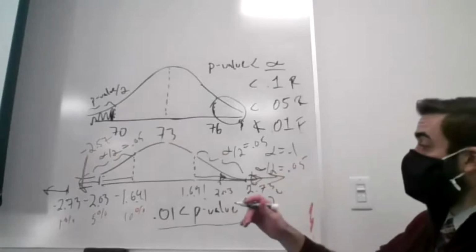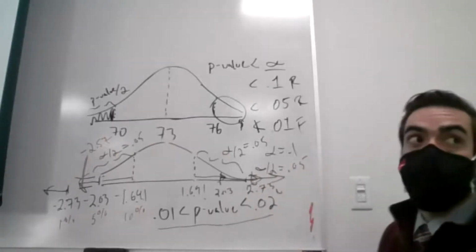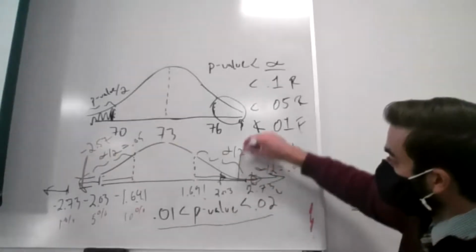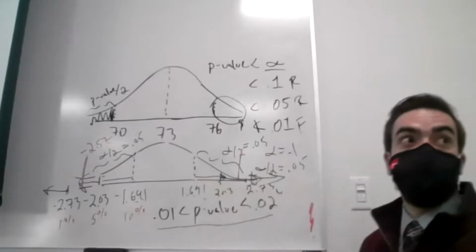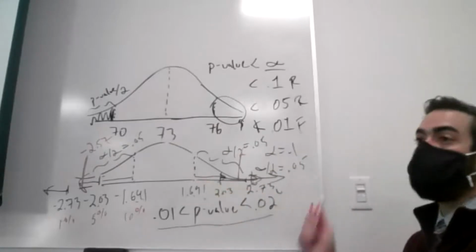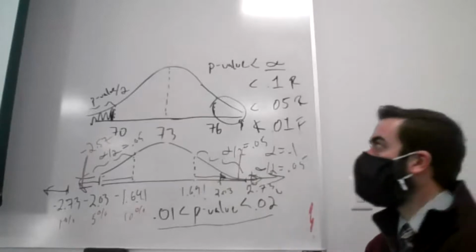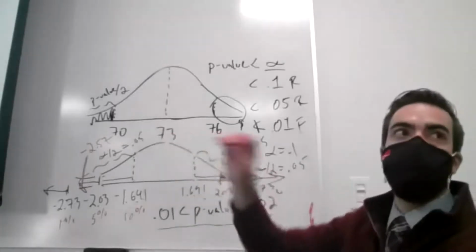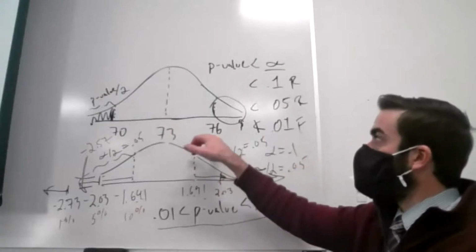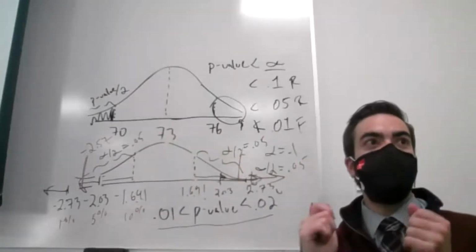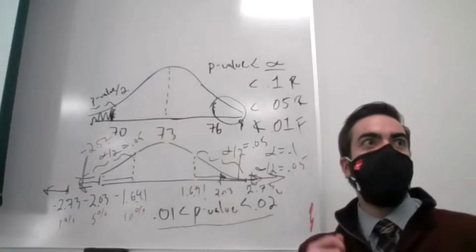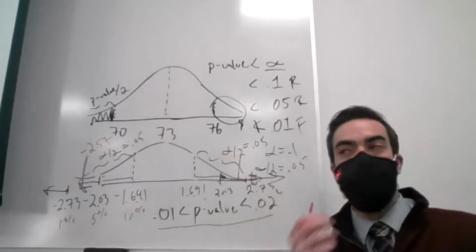But notice, if I plot 2.57, it's going to be in the rejection region at the 10 and 5% level, but not the 1% as well. And if we think about why that's the case, well, we assume that the value is 73, seeing 76 or 70 is equally as far away from that being true, right?